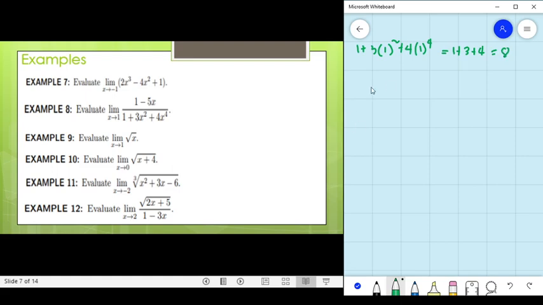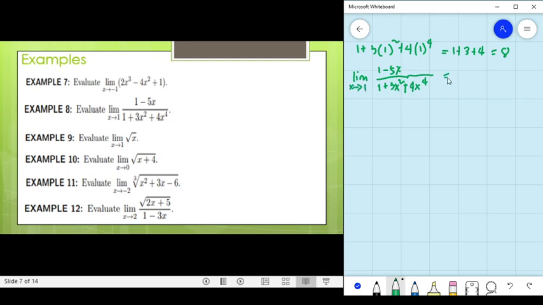Okay, it is 8, so we can apply the division law because the denominator is not equal to 0. So in this case, we are finding the limit of 1 minus 5x all over 1 plus 3x squared plus 4x to the 4th as x approaches 1.